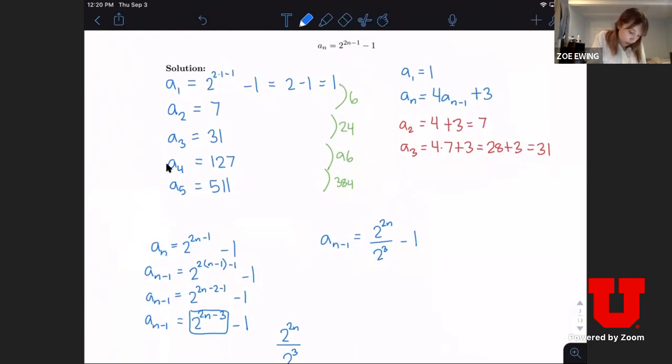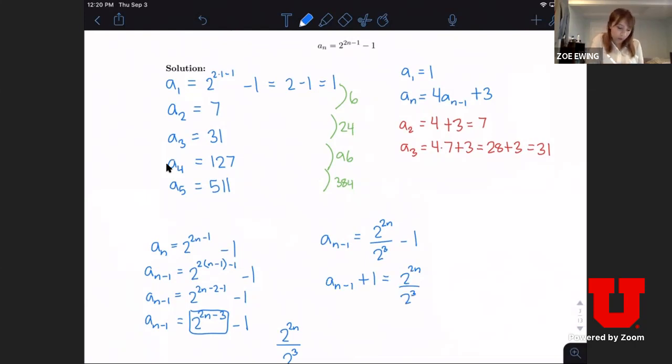So now we can add 1 to both sides, and we get a_{n-1} plus 1 is equal to 2 to the 2n over 2 to the 3, and this 1 gets eliminated when we add 1.